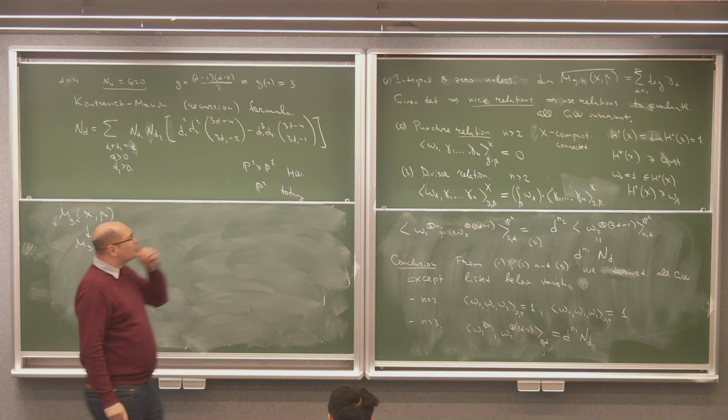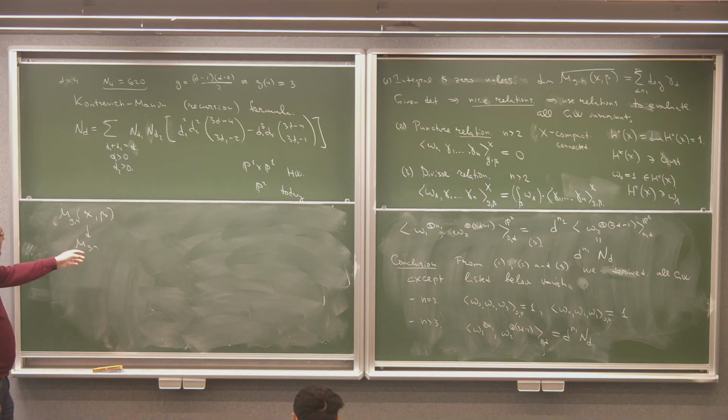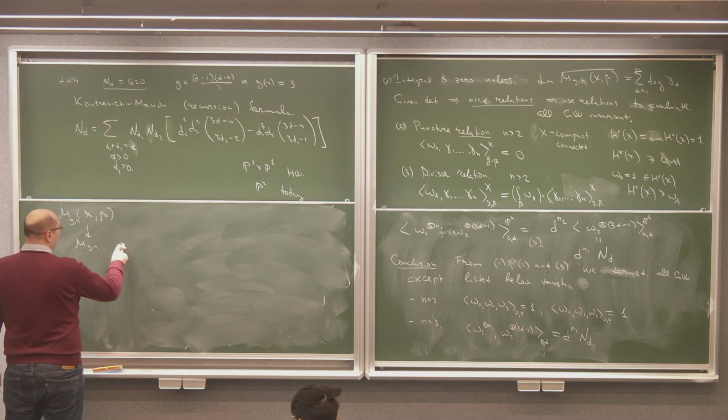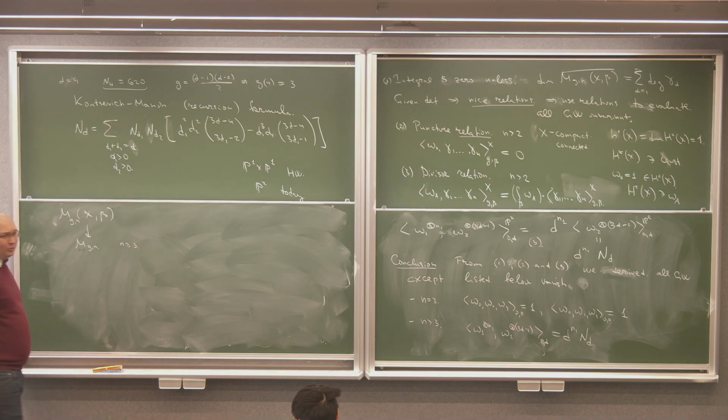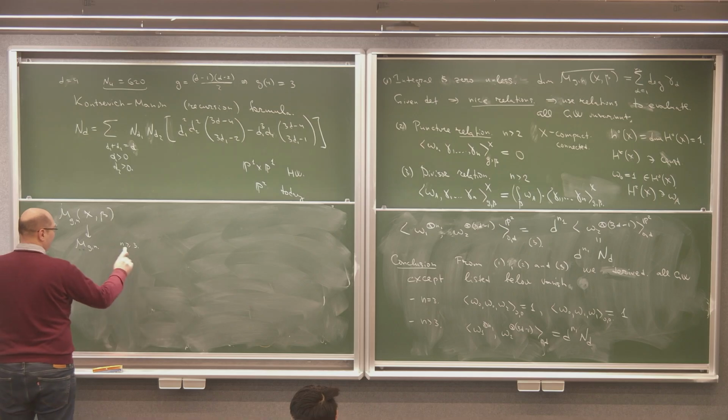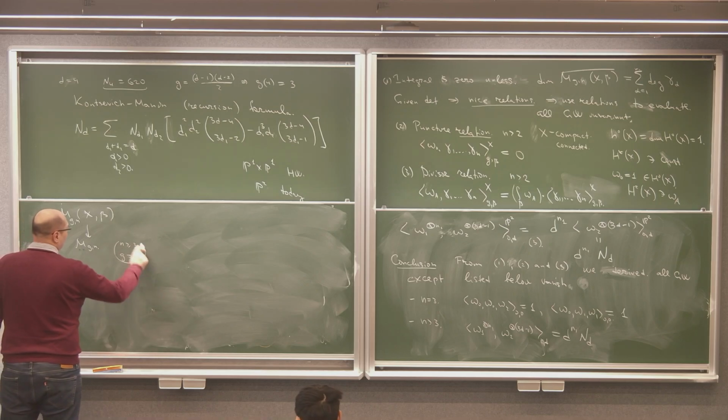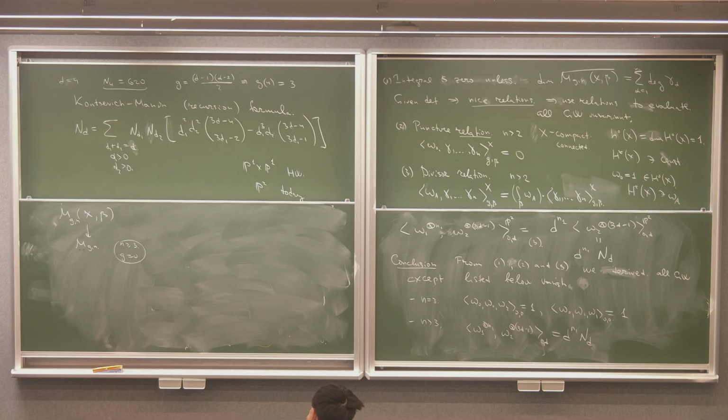All these relations mimic relations on the moduli space of curves, or moduli space of complex structures, and for these spaces we really want n bigger than or equal to 3. If g is 0, we want n bigger than or equal to 3, otherwise these spaces are ill-defined.